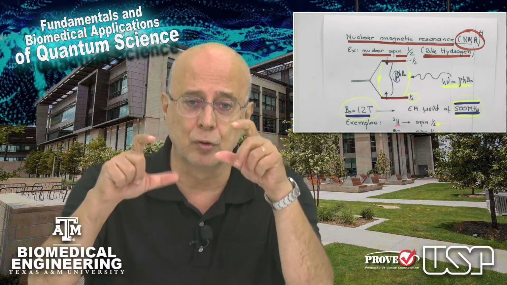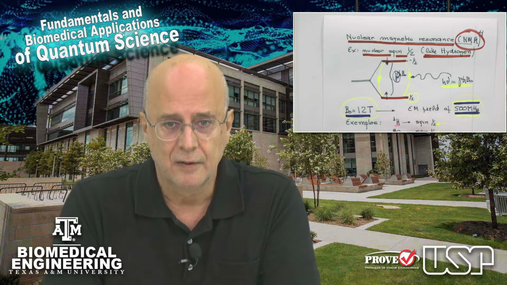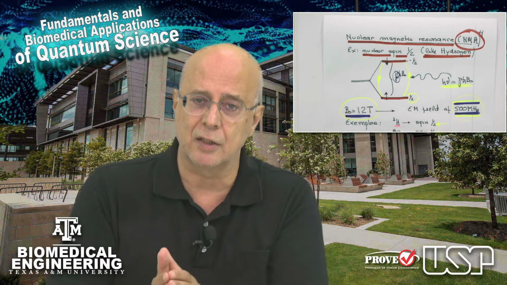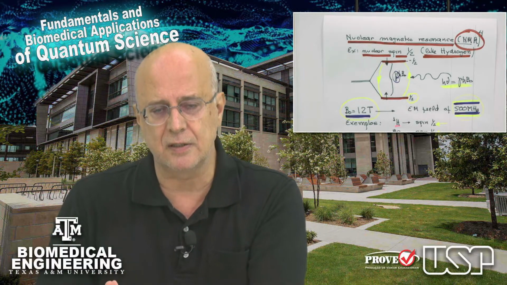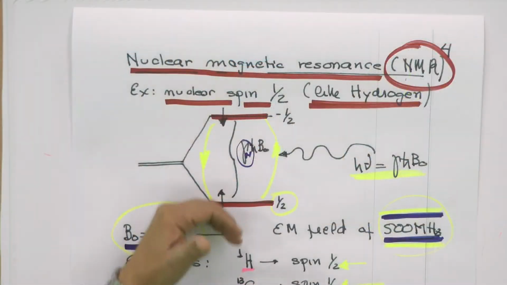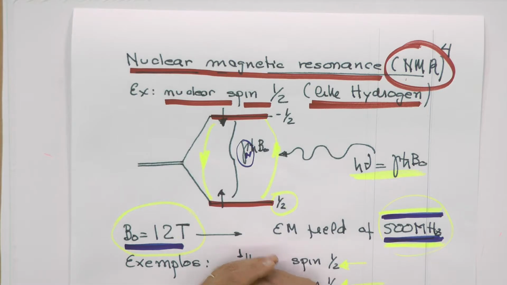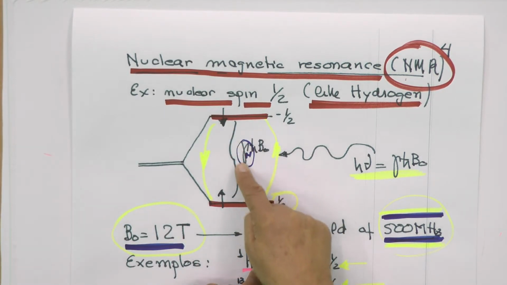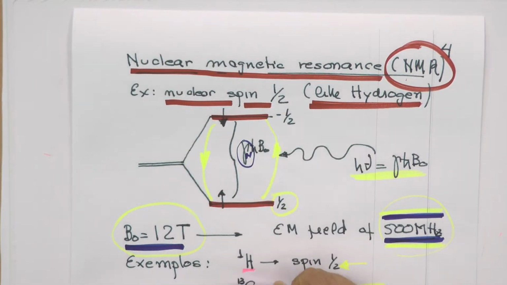It's like having two different magnets with opposite polarity in each state. Therefore, one of the projections of the spin will grow in energy with the field, and one will decrease with the field. At the end, applying a magnetic field, we have a split.